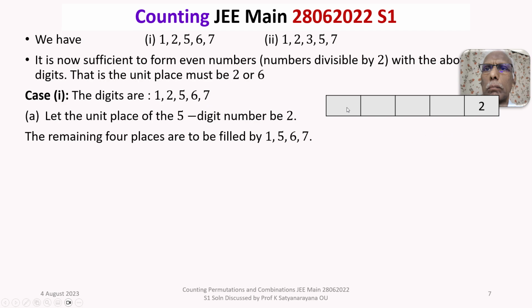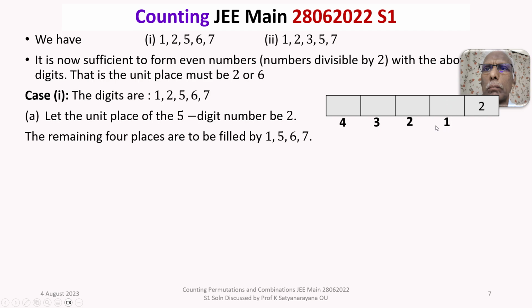Suppose the first place is filled by any one of them. From these 4, we have 4 choices. Having filled the first place, we have 3 choices to fill the next place. Having filled the first 2 places, we are left with 2 digits, so the third place can be filled in 2 ways, and the last one in 1 way.